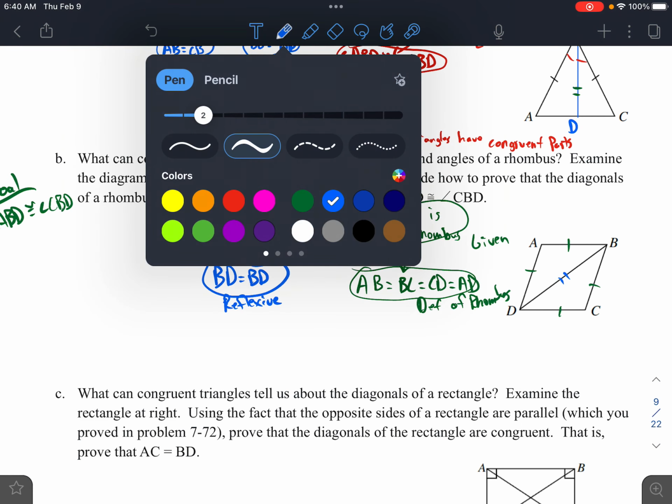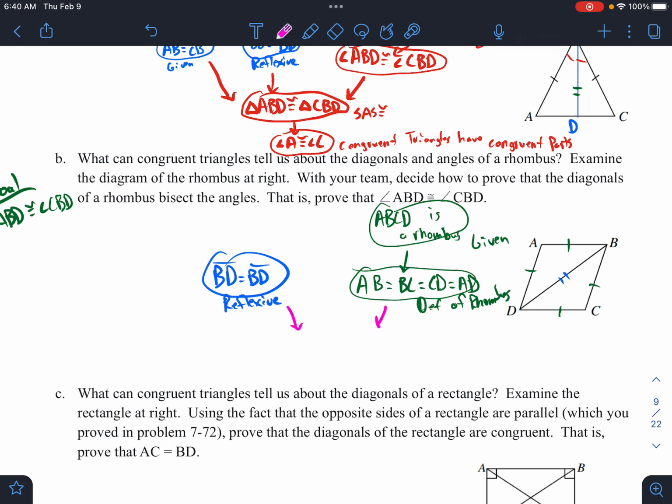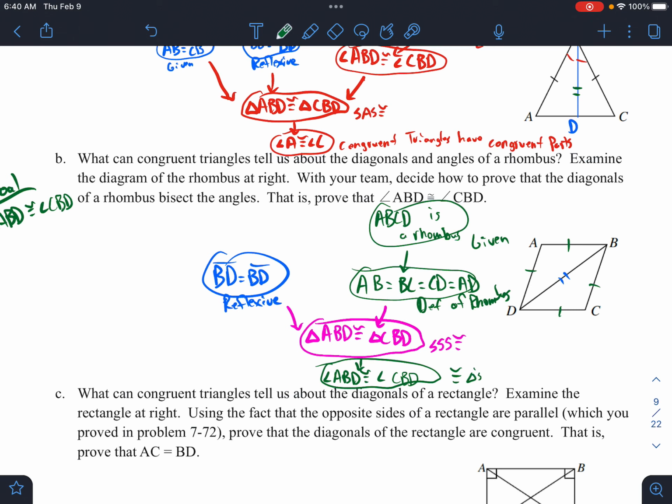So we then know that triangle ABD is congruent to triangle CBD by side, side, side congruency. And then we should be able to finish it out that angle ABD is congruent to angle CBD as congruent triangles have congruent parts.